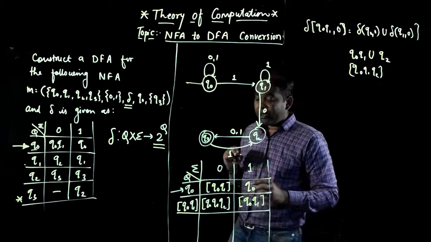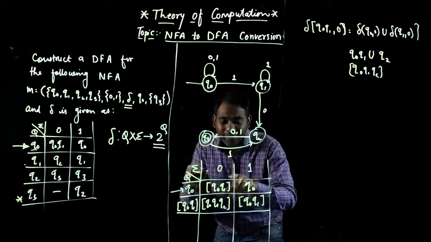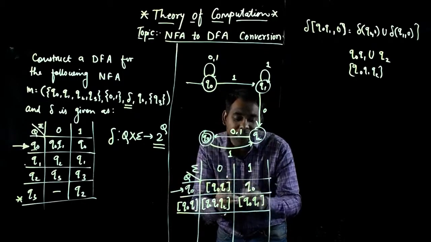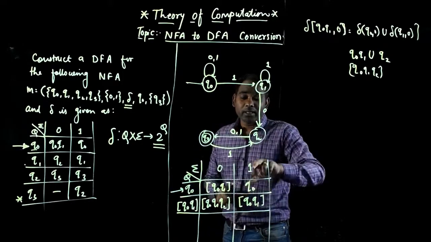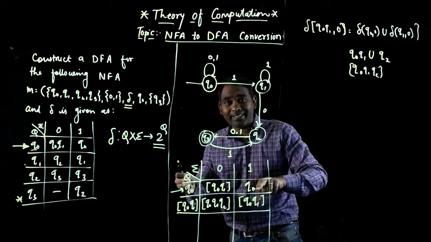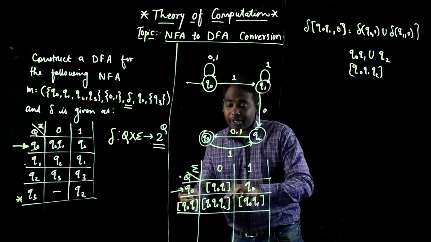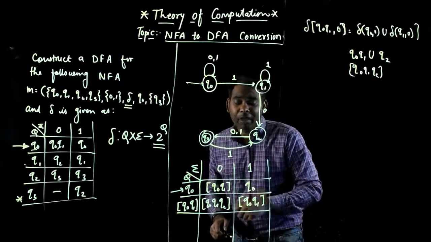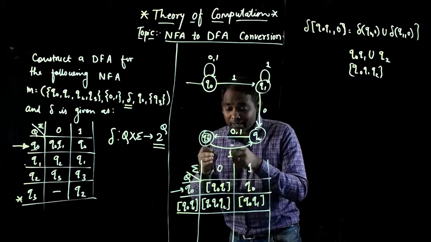For this newly generated state, I have found the transition on both input symbols. The next state is Q0, Q1, which has already been considered. For the next step, we take Q0, Q1 and Q2, the newly generated state, for which we have not yet found the transition.